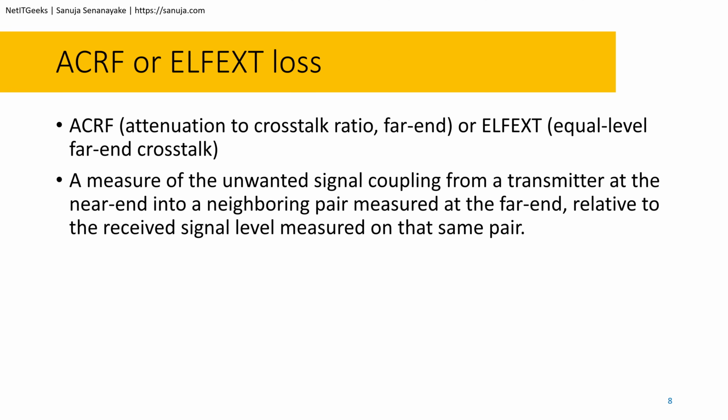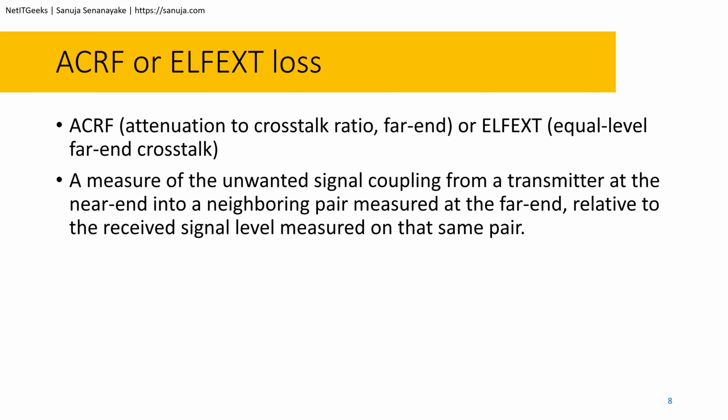The next one we're going to look at is the attenuation to crosstalk ratio far end, also known as the equal level far end crosstalk, also known as ACRF or ELFEXT loss. It's a measure of the unwanted signal coupling from a transmitter at the near end into the neighboring pair measured at the far end relative to the received signal level measured on that same pair.